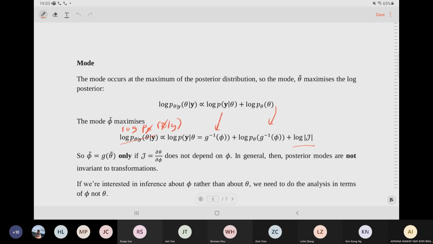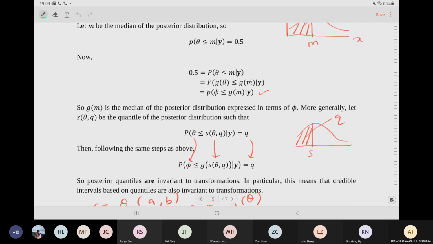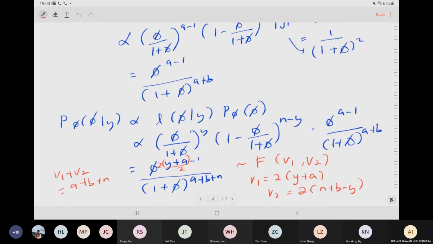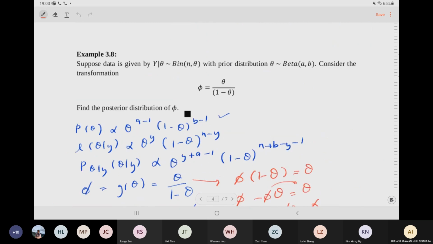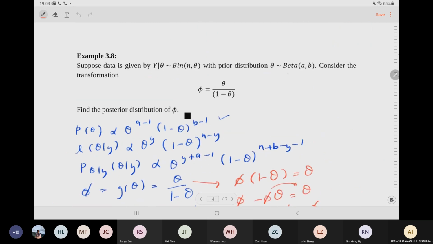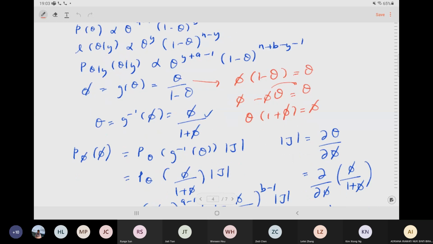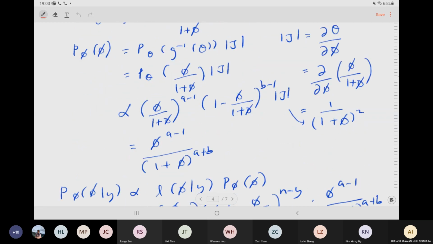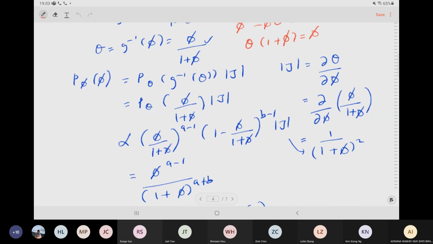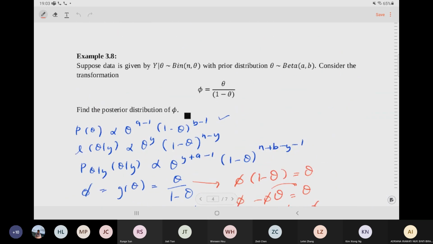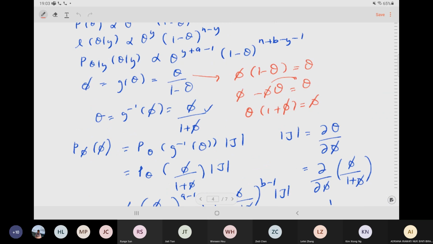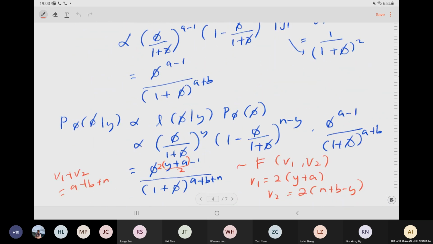Let me see where it is. Is it this one? Okay, this one. You can see here this one is a beta, and after we find the posterior, the posterior is also a beta.